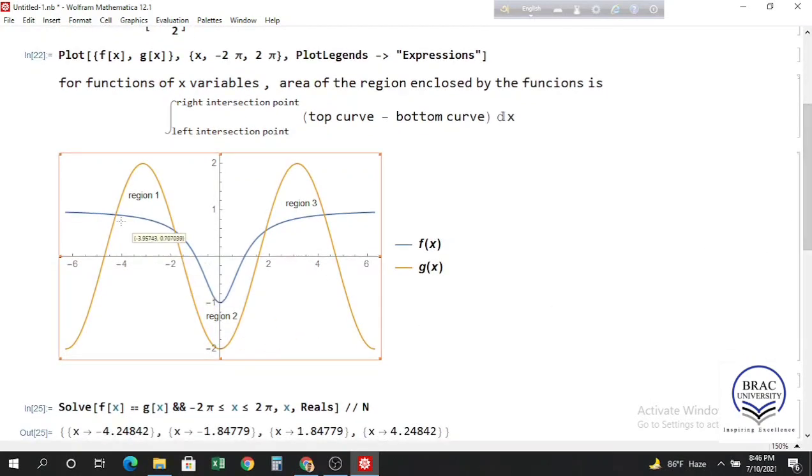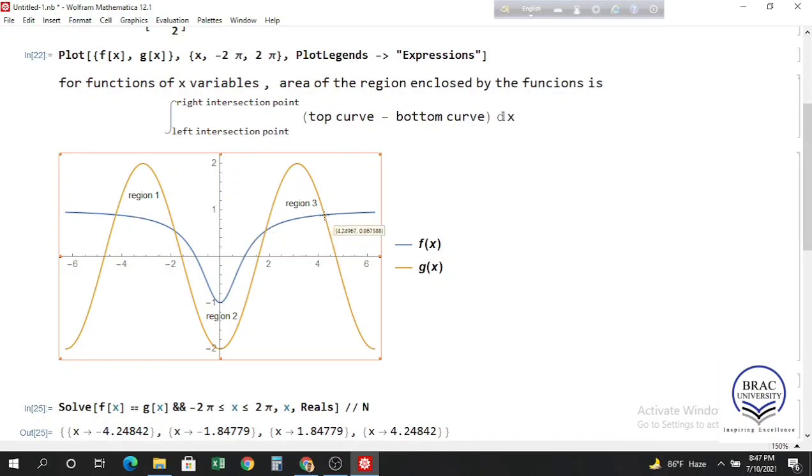Now how can we find the exact value of these intersection points? You can see that the value of the function for these intersection points is the same. If you see this point, the y value is the same, and again the x value and y value are the same for the intersection points.